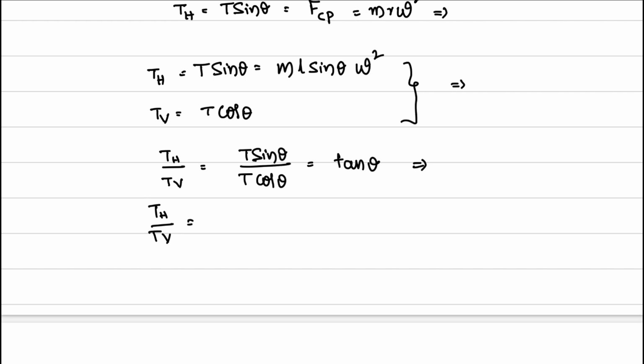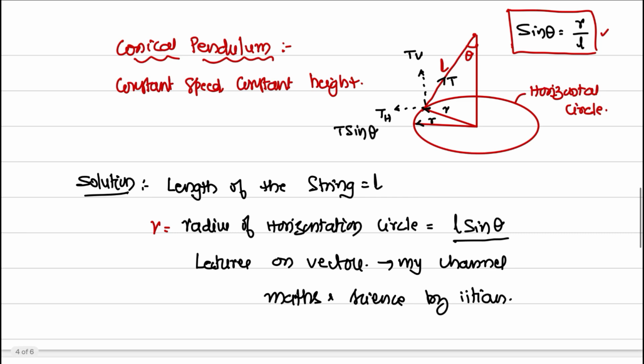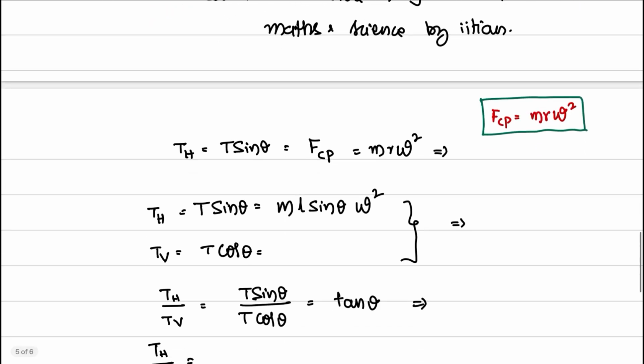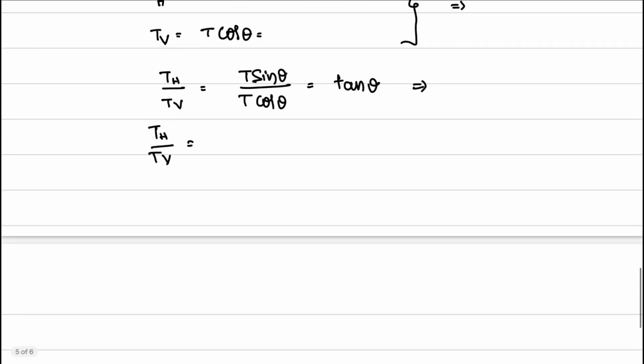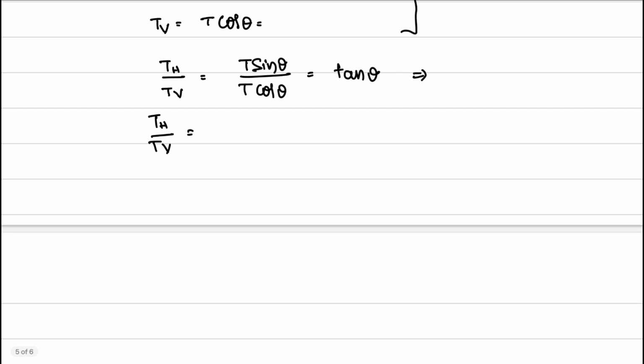This T cos theta is countered by which force? It is countered by mg, the vertical gravitational pull towards the center of the earth. This is what I have explained in the forces when you resolve the forces in different directions. This is equal to mg.